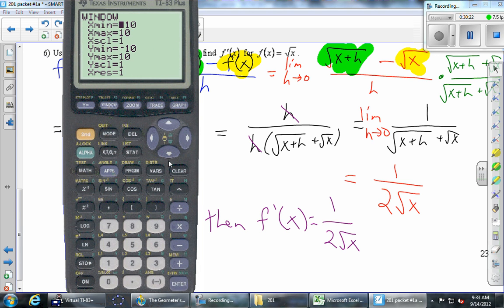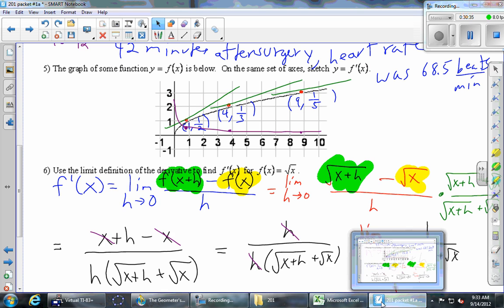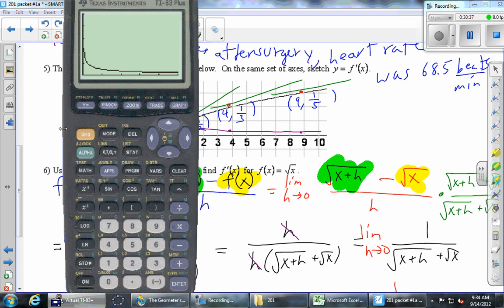So how about we fix our window a little bit so that we're looking closer, 0 to 5 on both. And I'm hoping that this thing looks quite similar to the derivative that I drew up there in purple. How did we do?